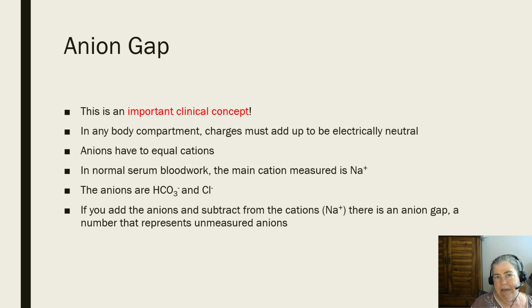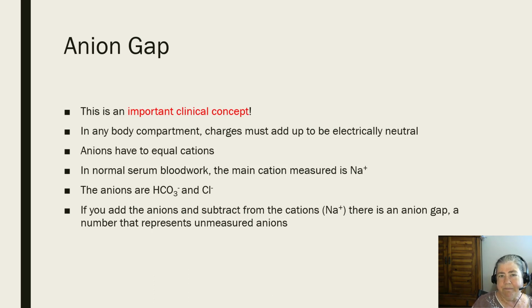So anions have to equal cations. And when we do blood work, and we do that basic metabolic panel, the main cation that we're measuring is sodium. There's potassium too, but if you remember, sodium is going to be about 140 and potassium is going to be about 4. So sodium is the big player here.